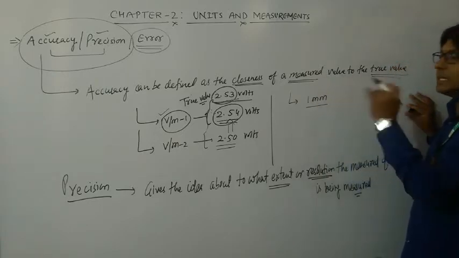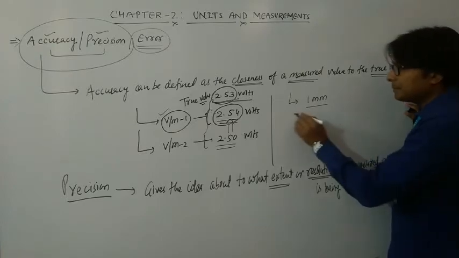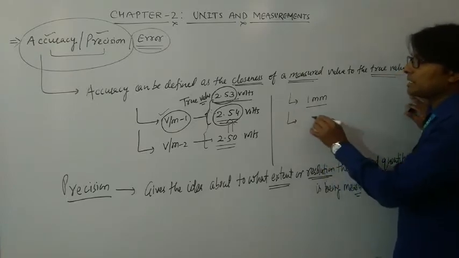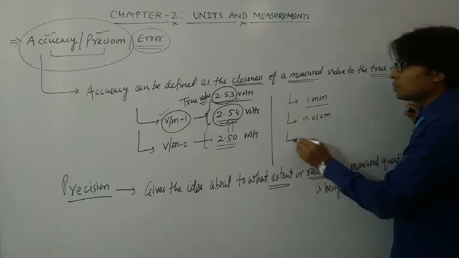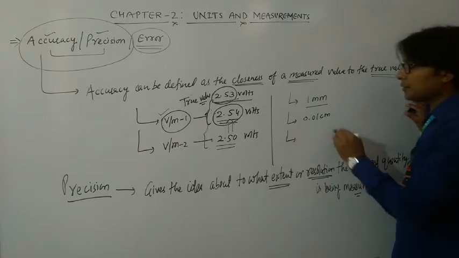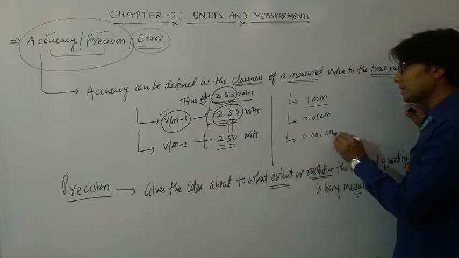We will discuss it later. So the least count of this meter scale is 1 mm, and the least count of the vernier caliper is suppose 0.01 centimeter, and the least count of the screw gauge is 0.001 centimeter.